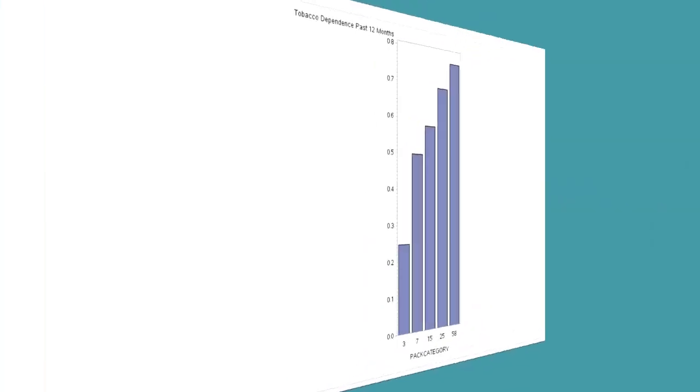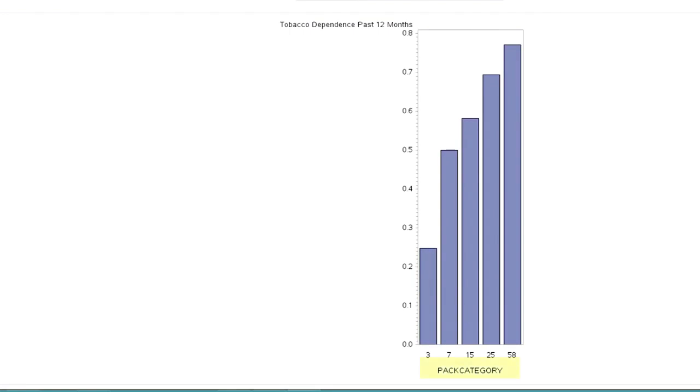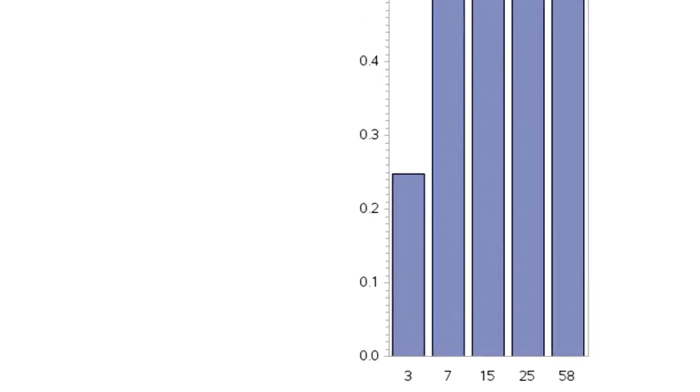Here's our categorical by categorical bar chart. Pack category, our explanatory variable, is on the x-axis, and this is by the rate or proportion of nicotine dependence along the y-axis. So you can see from this graph, among those smoking 1 to 5 packs a month, about 25% of those individuals are nicotine dependent.